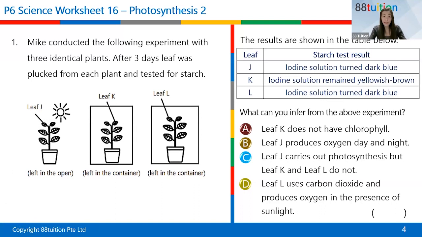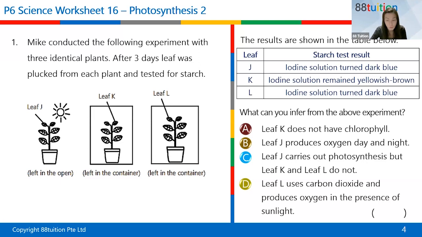All right, I have seen some of you made the error. I saw your responses. I think you were too quick to answer. The moment you saw this very first option, it says leaf K does not have chlorophyll. It sounds like it, right? Because iodine solution remained yellowish brown, there's no starch there.